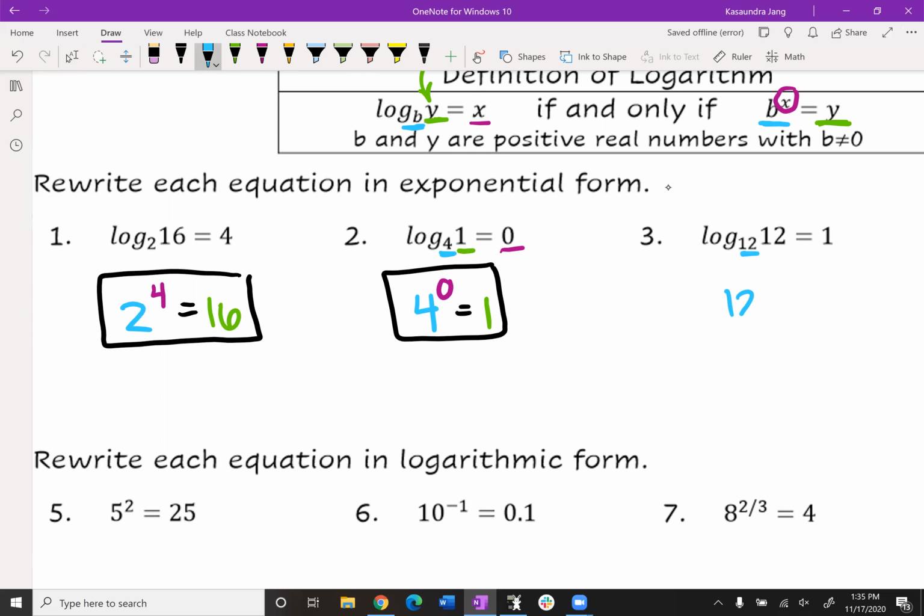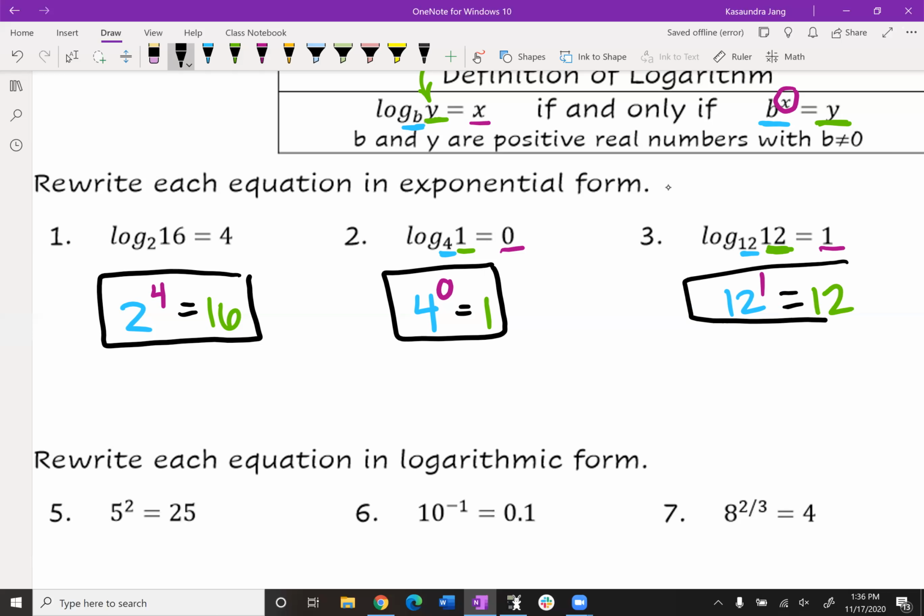And then, Tabitha, keep it going. What's the exponent now? Nice. Whatever this was equal to is equal to the 1. So my exponent was 1. All right. And then in exponential form, what is my 12 to the 1 equal to? Very good. The argument was another 12. So 12 to the first equals 12, which kind of makes sense. That's true. 12 raised to the power of 1 equals 12.